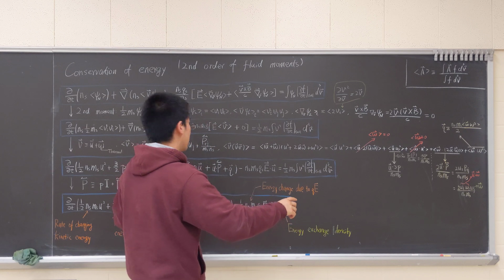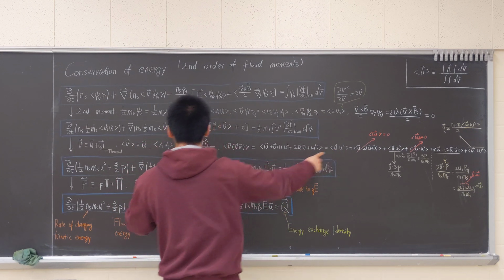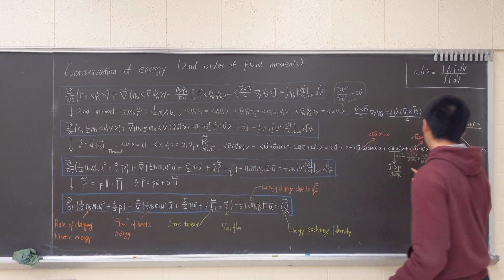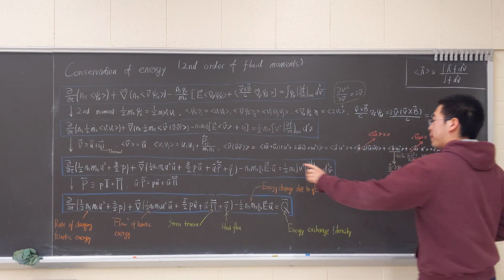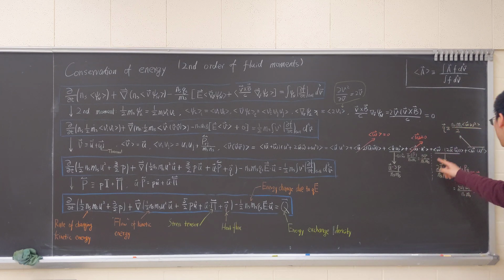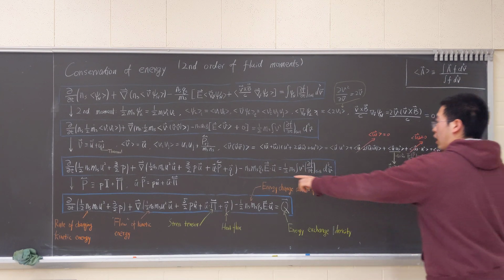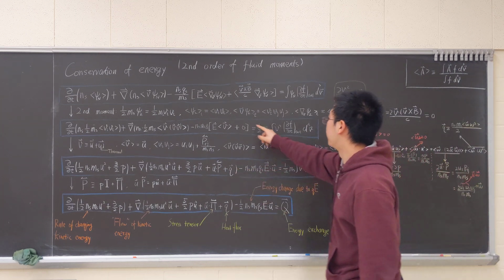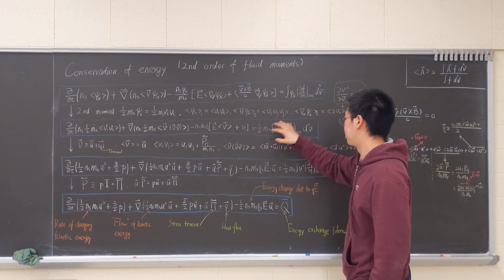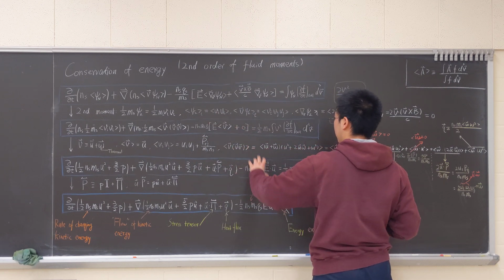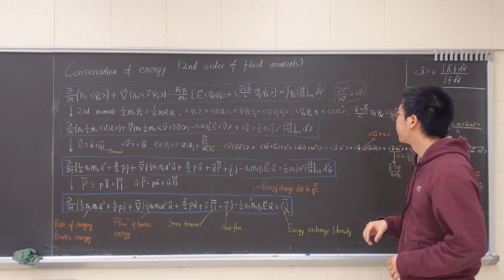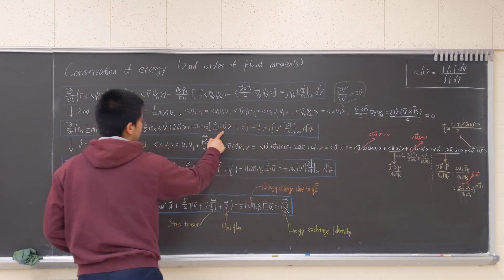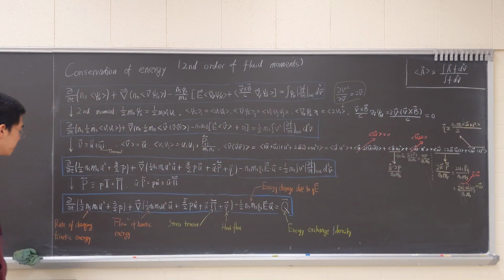So here U squared and 3 half PU and UP, and that defines Q. And this term and that term will just be put right down here. Also of course the average of V is U.